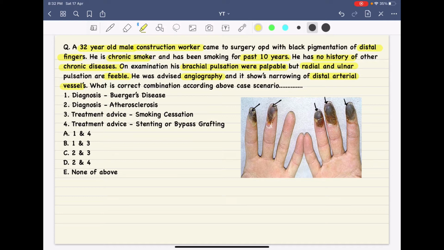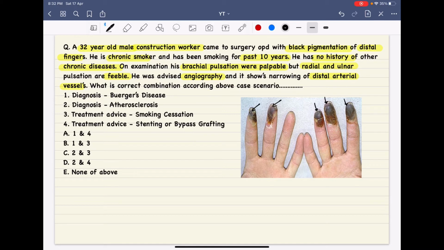So this is the clinical case scenario which is given, and in this a 32-year-old male patient is given with black pigmentation of the distal fingers, and he is a chronic smoker, and they have given that radial and ulnar pulsations are feeble.